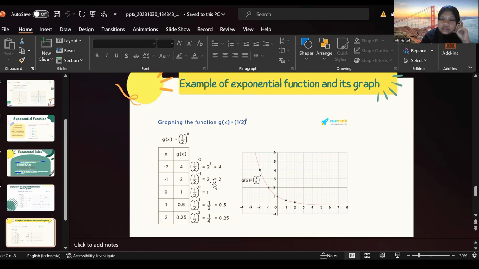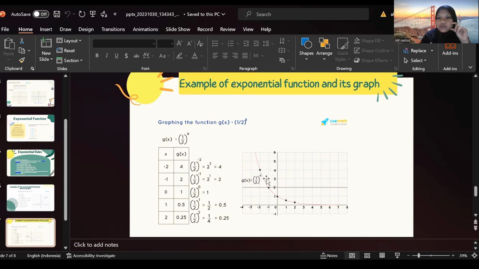In this formula, we can just calculate it. This is a simple calculation that we can make. And then we can get this graph by plotting these spots.